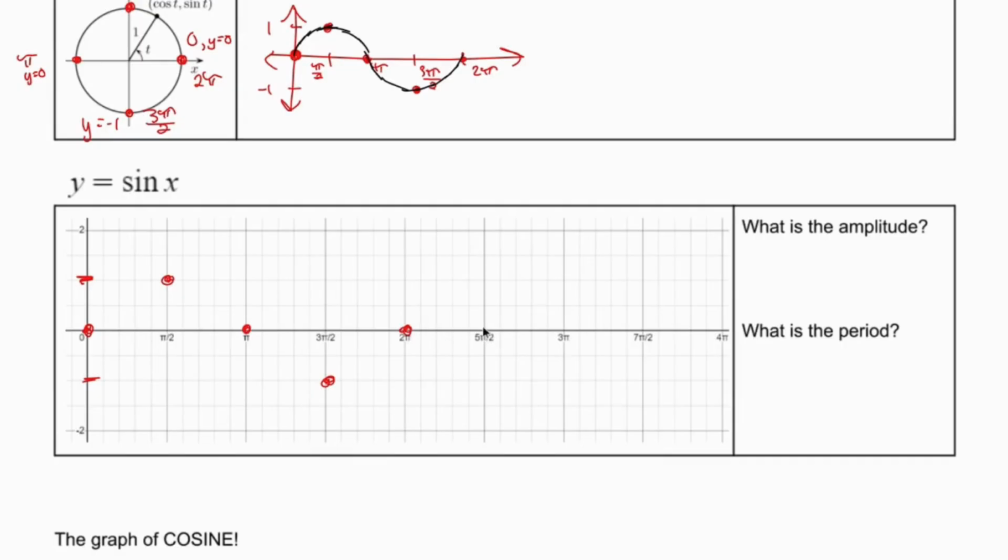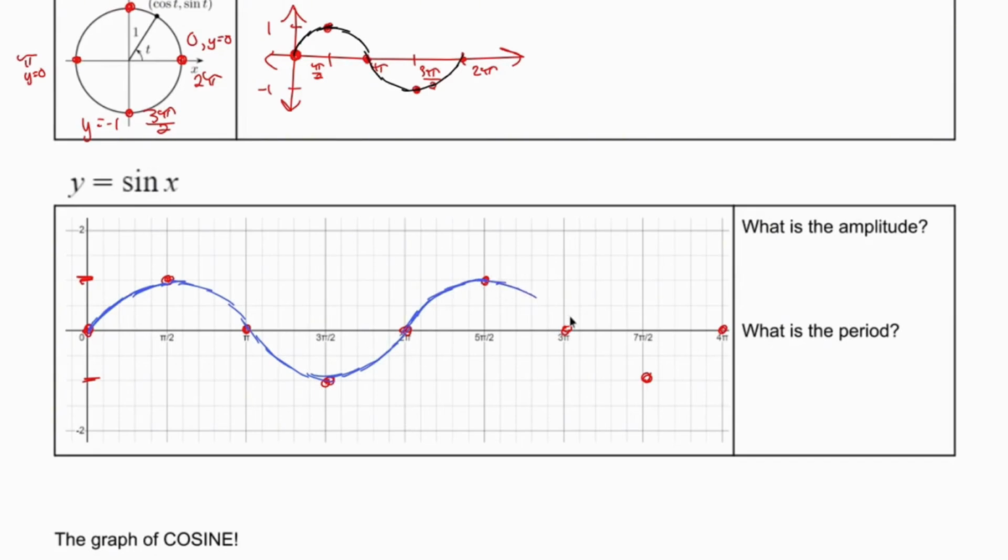Repeating the process has me going up to 1, down to 0, down to negative 1, and 4 pi again. This is a nice, wavy looking curve. So we're going to go up, we're going to peak out, we're going to cross through, become concave up, bottom out, still concave up, cross through, now we're concave down.